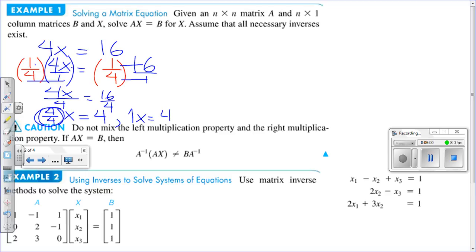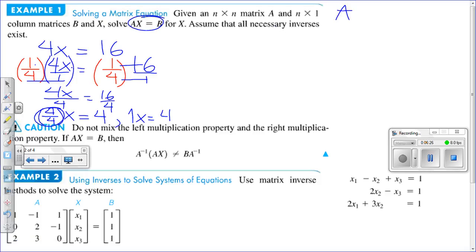Now, I'm going to do the same, but with matrices. And so we're going to use this idea here. I'm going to call A my coefficient matrix. Actually, let me define them first.